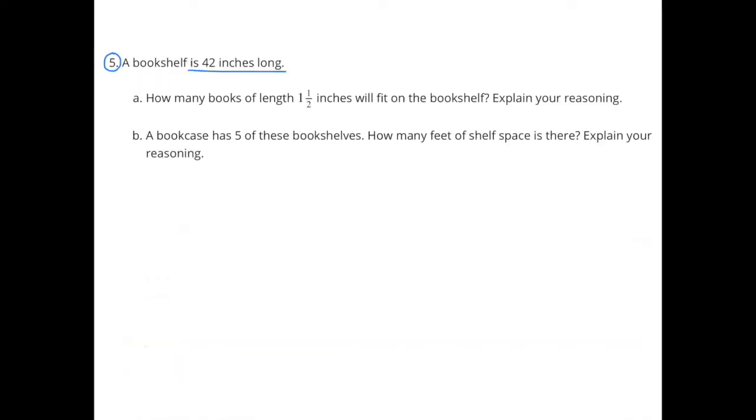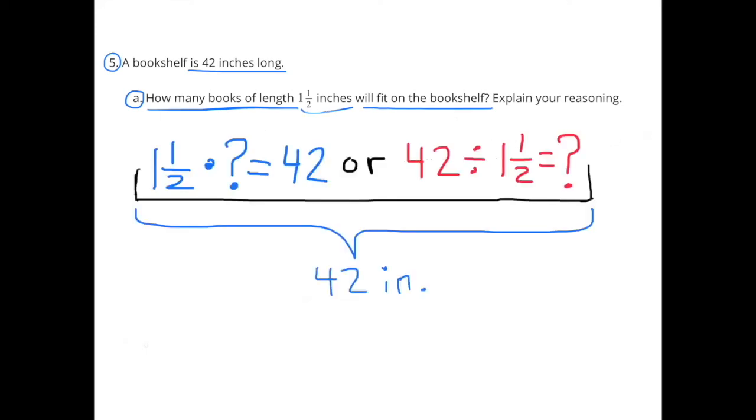Number 5. A bookshelf is 42 inches long. A. How many books of length 1.5 inches will fit on the bookshelf? Explain your reasoning. This represents the length of a 42-inch bookshelf. On the top, I have 1.5 inch long books times what number equals 42 inches, or 42 inches divided by 1.5 inch long books equals what number?